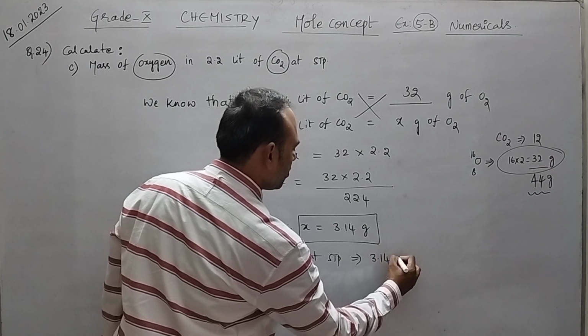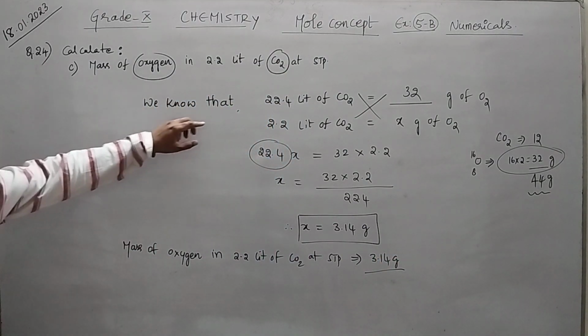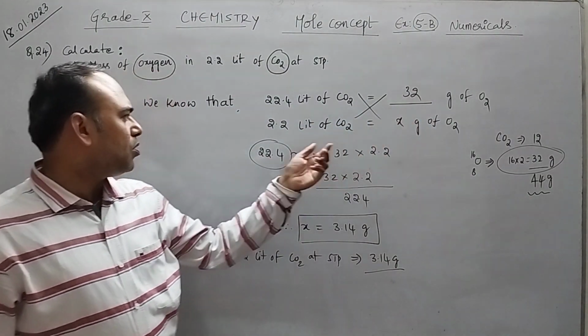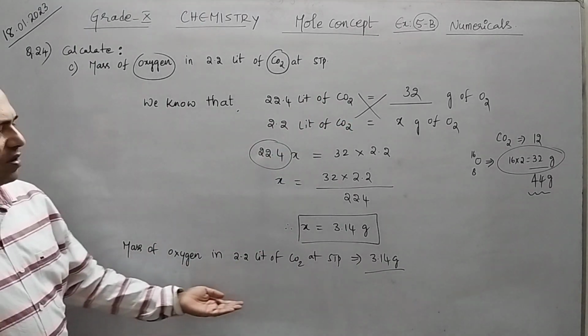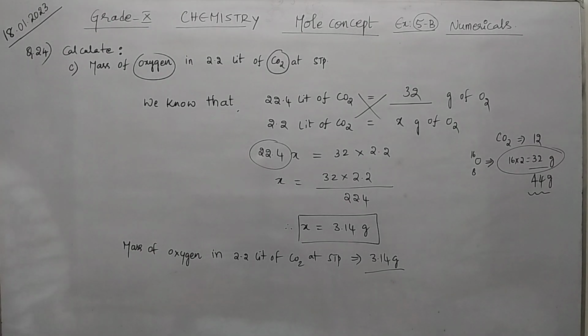How much we have? Only 3.14 grams. So very simple. First take it for 22.4 liters and you will get 32 grams. And now given volume is 2.2, on cross multiplication you get mass of oxygen is 3.14 grams. Hope you have understood question number 24 ABC.